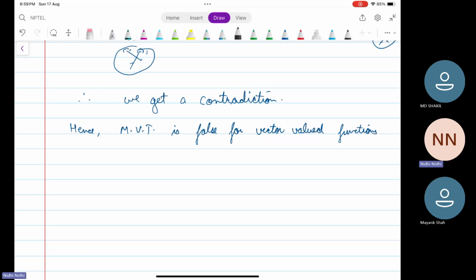So can we say we don't have the mean value theorem in the case of complex functions, if we consider them to be vector valued functions?